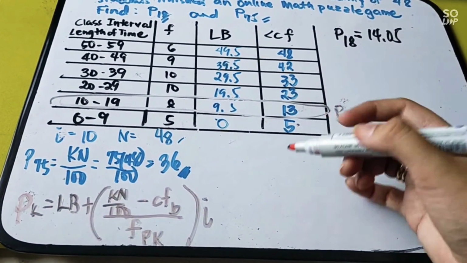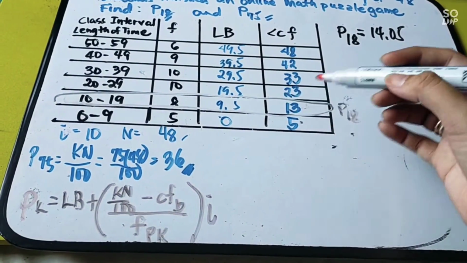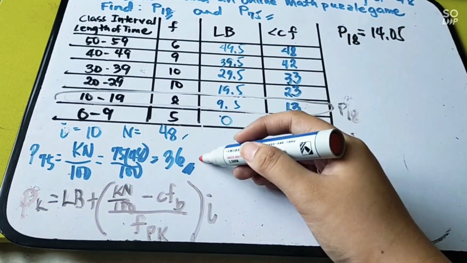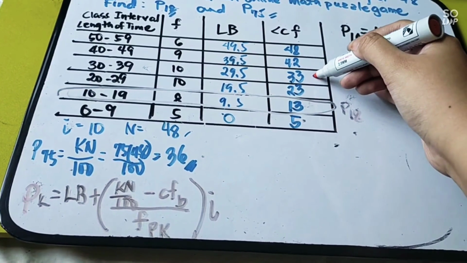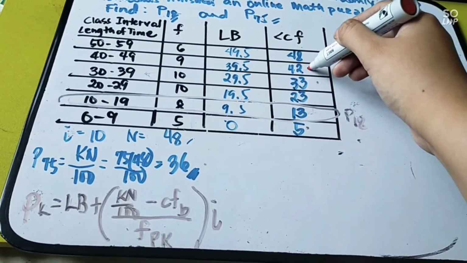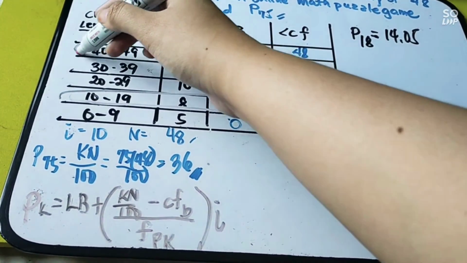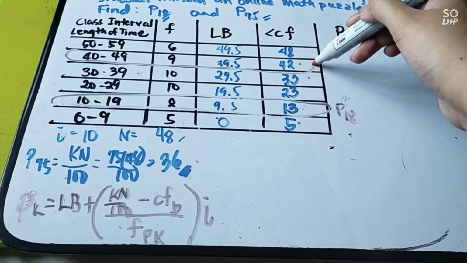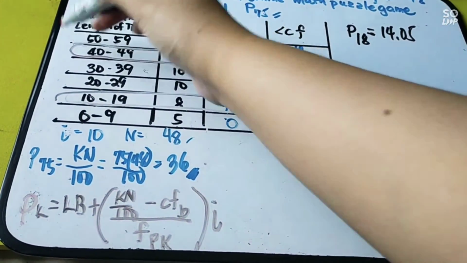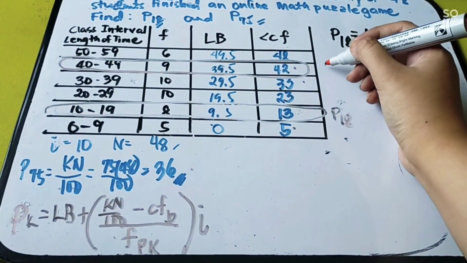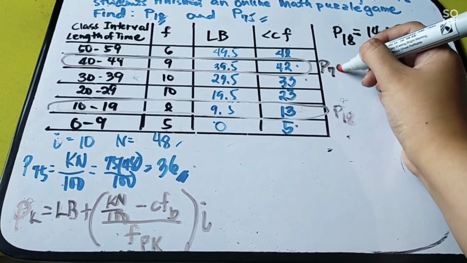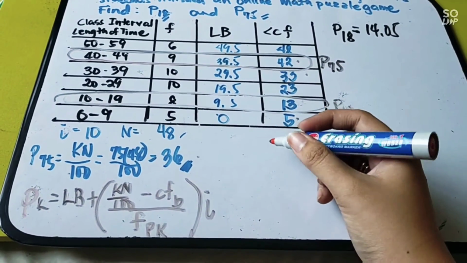Okay? Mas mababa pala. Then, kailangan mas mataas ang titingnan natin. So, 36, 33, mababa. So, therefore, dito tayo. So, ito yung ating P sub 75. Yan. So, this is your P sub 75. Yan. Nakuha na naman natin.